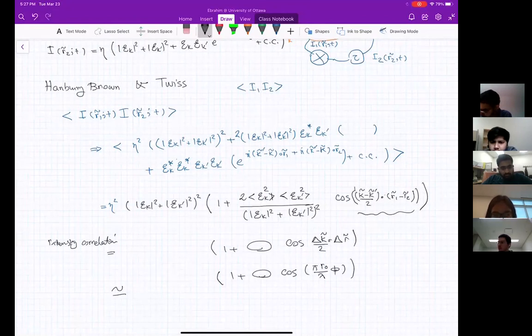So Hanbury Brown and Twiss, when they did this experiment, it made a lot of noise, and they said, okay, only by looking at the intensity, someone can determine the size of a star. And that was the reason that they got the Nobel Prize.